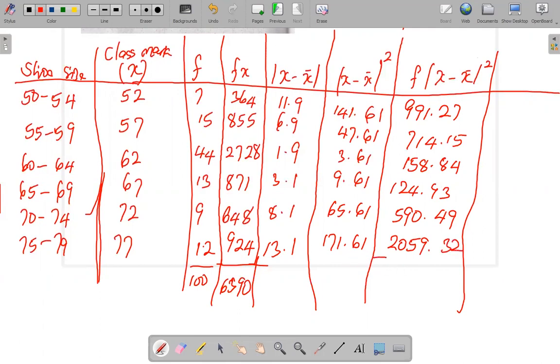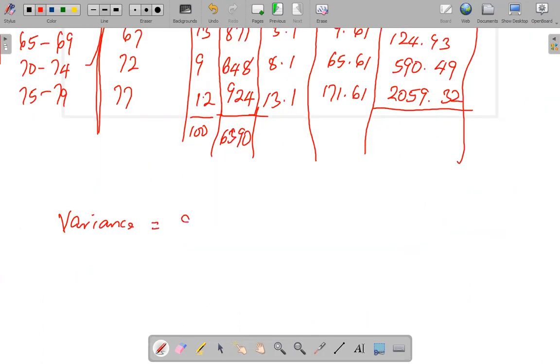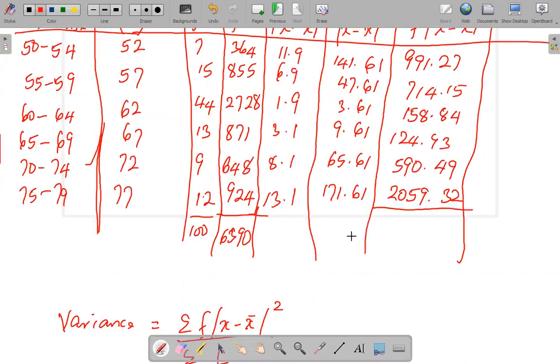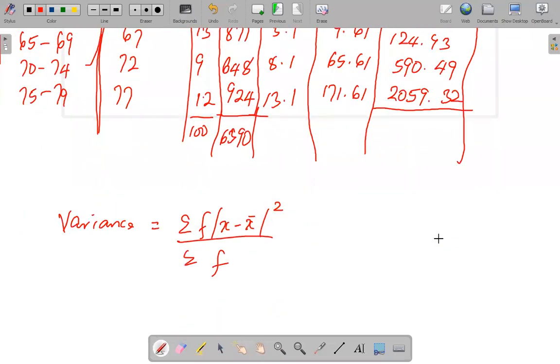So we need to sum up all of this. The variance is summation F times X minus X bar squared over summation F. When we sum up all the items in this column, we have 4,939.